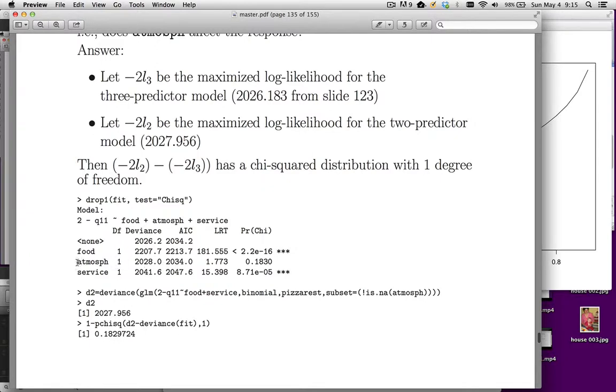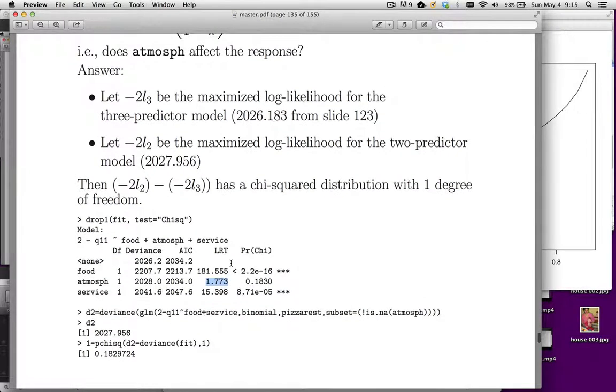It does likelihood ratio tests for all the parameters in the model, but notice that in the atmosphere row, we have all the numbers that we've just derived.